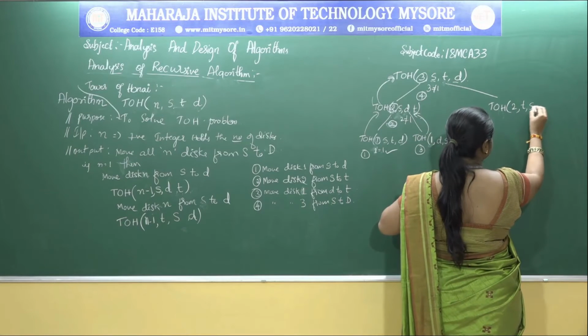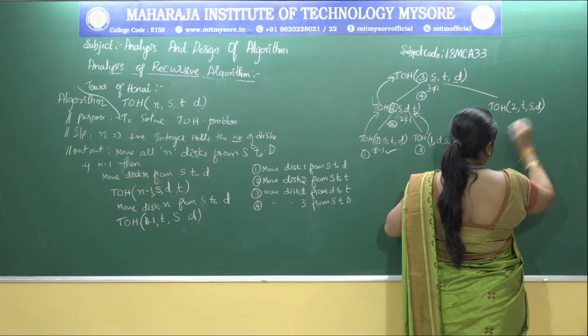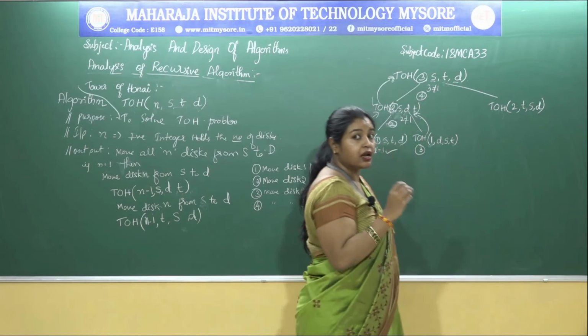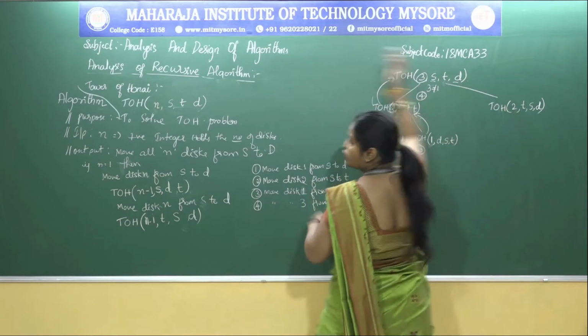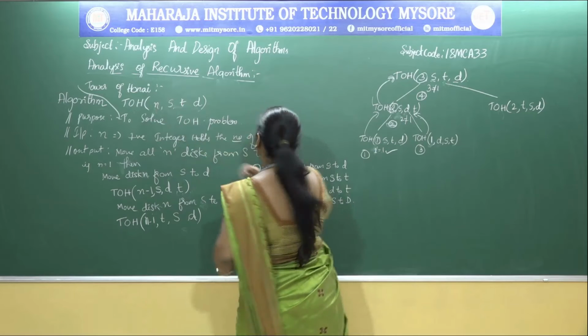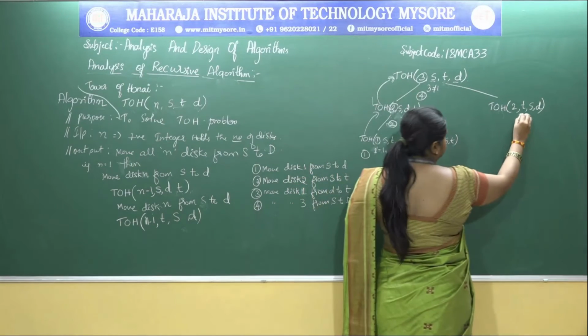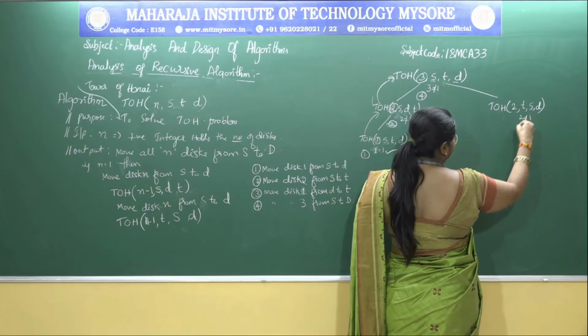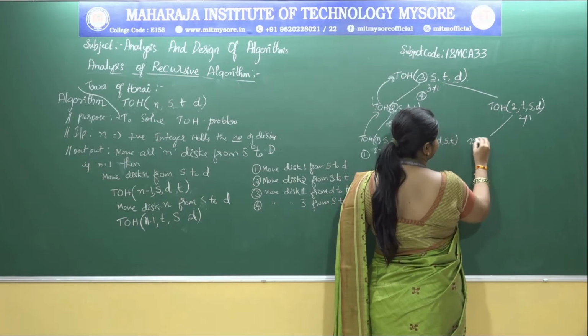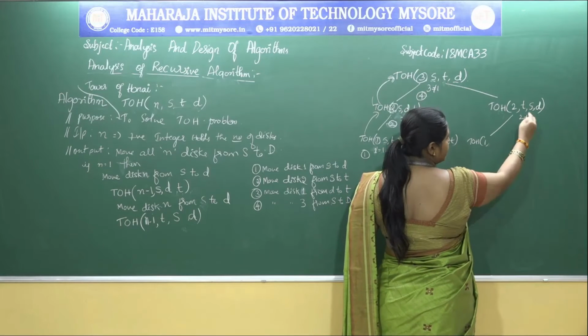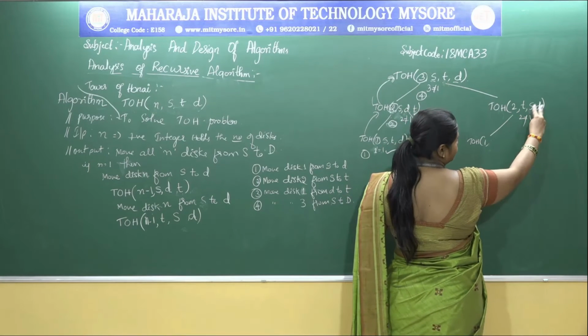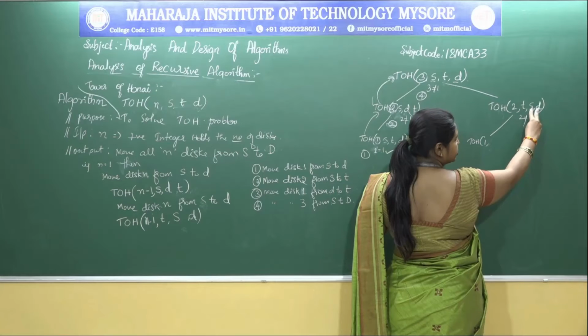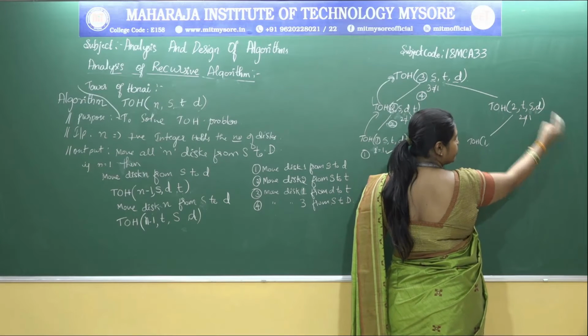That's why source will become temporary and destination will be as it is. Now again the same function is invoked with n is equal to 2. Now what happens? 2 is equal to 1, false. So the left call is TOH of 1, comma. Now, in the left call, these two are swapped, because temporary will become destination and destination will become temporary.